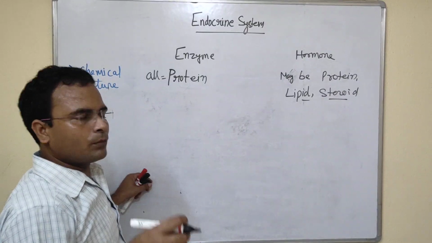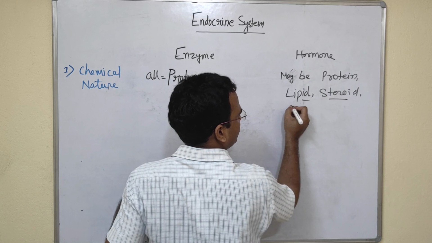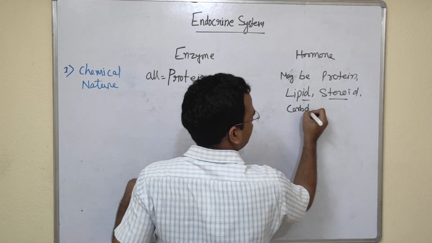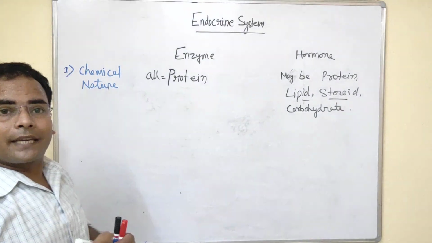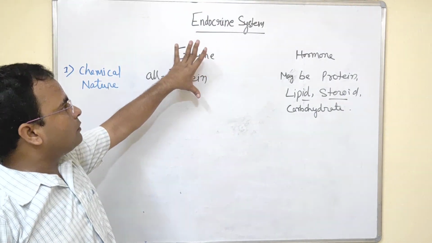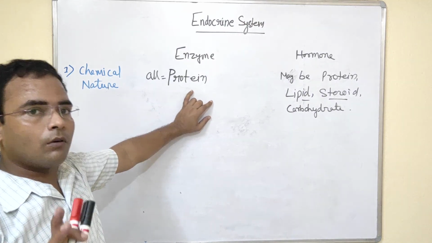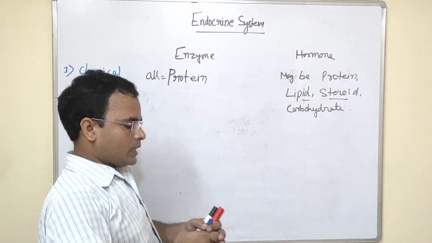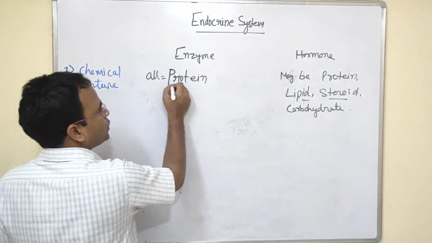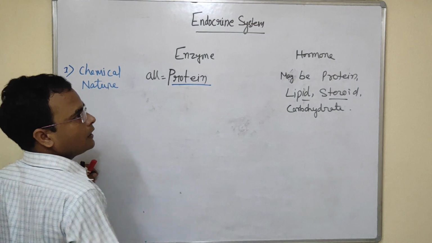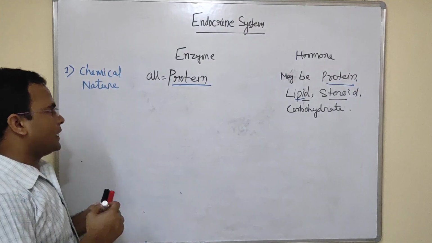Lipid and steroid are almost the same. All enzymes are protein, but all proteins are not enzymes, which we study in the enzyme section. So all enzymes are protein, but hormones may be protein, lipid, steroid or carbohydrate.